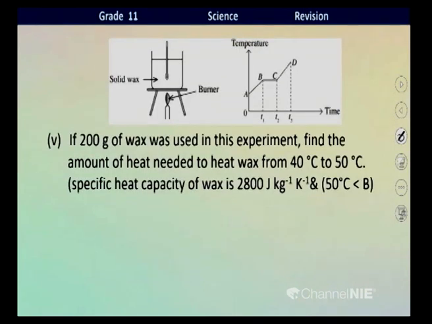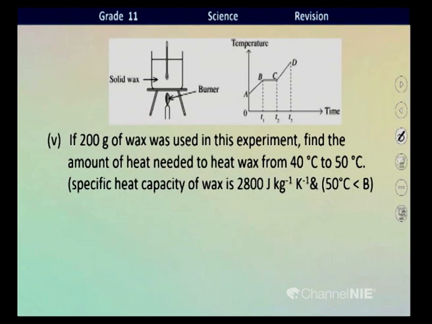Next question. If 200 grams of wax was used in this experiment, find the amount of heat needed to heat wax from 40 to 50 Celsius. Right here the specific heat capacity of wax is also given. How to get the heat absorbed here, children?